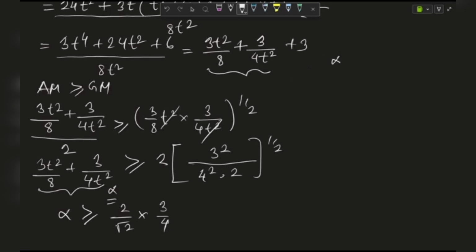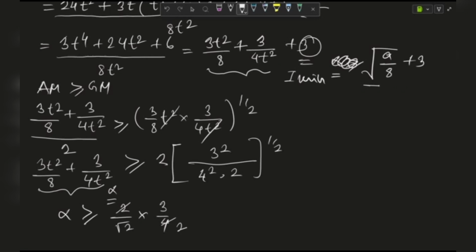So our alpha is greater than or equal to 3 by 2 root 2, and because in the question we had a whole root under plus a constant, our constant is 3, and I'm taking the whole root under as root under 9 by 8, and this is plus 3. So this is our I min.